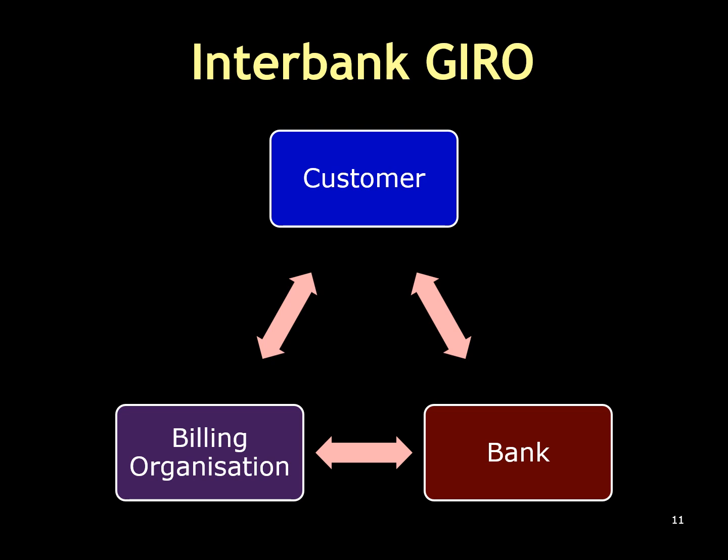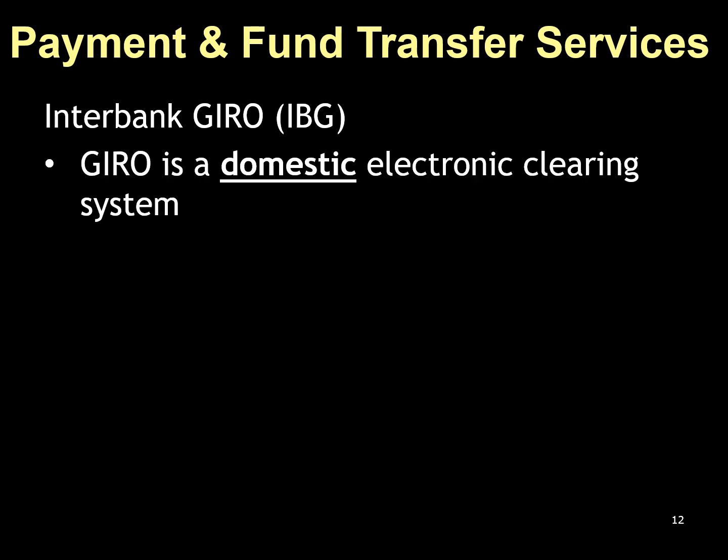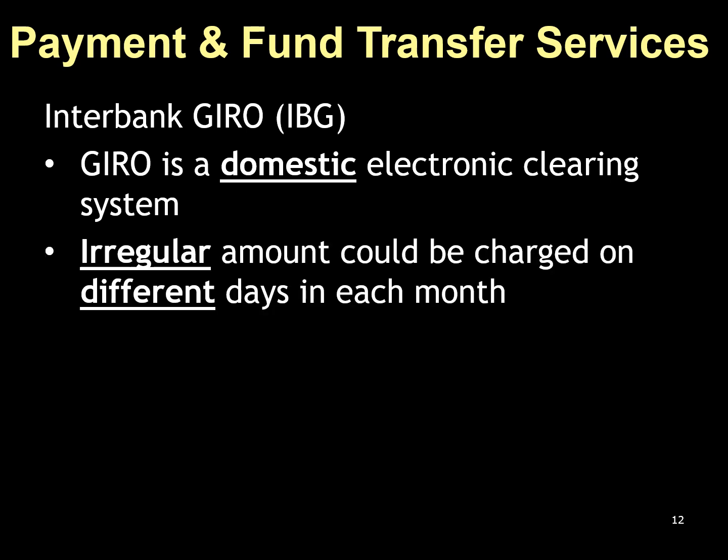Interbank GIRO is a three-way relationship between a customer, a bank, and a billing organization. Next, we look at interbank GIRO. GIRO is a domestic electronic clearing system, and it allows for irregular amounts and charges on different dates.